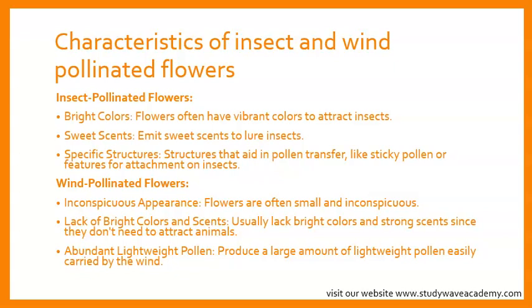We looked at the agents of pollination. We mentioned insects, wind, birds, and animals. After that, lastly, we looked at characteristics of insect and wind-pollinated flowers. So we understood today's lesson on pollination in plants, right?